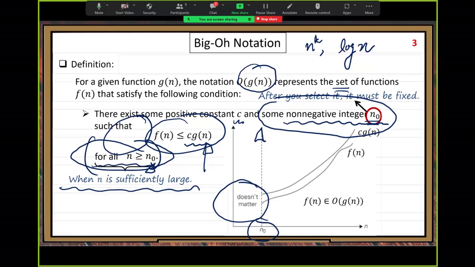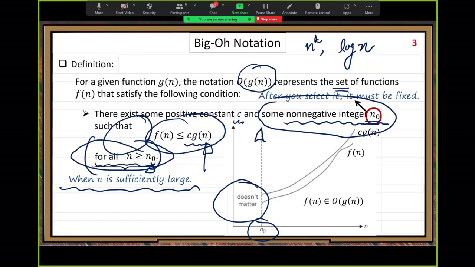Our main focus is on the efficiency function when the n value is very large. When n is very large, we worry about whether it is too slow or not. When n is relatively small, even if the comparison is not that good, it's not important. That's the meaning.